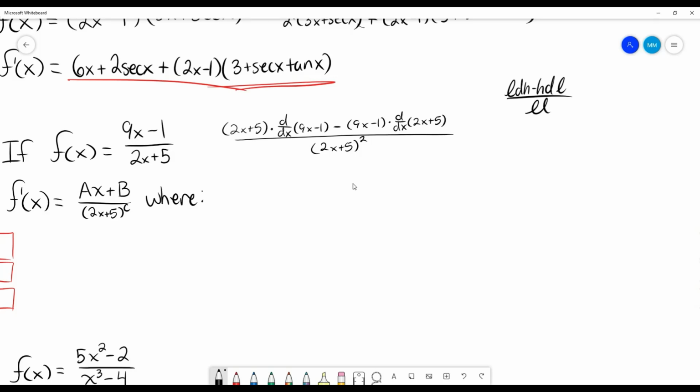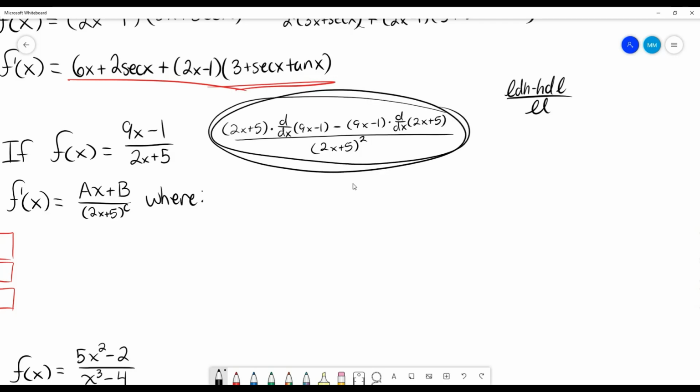What that tells me is that low is my bottom term, because it's down low, times d high, so the derivative of the high term, minus high, so my high term, d low, times the derivative of my low term, over low low, which is just my low term times itself, or squared. So you'll probably see me write this a lot when I'm doing quotient rule, because that's how I remember it personally. But just remember it however helps you best.